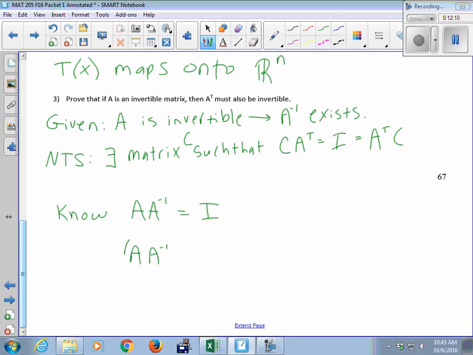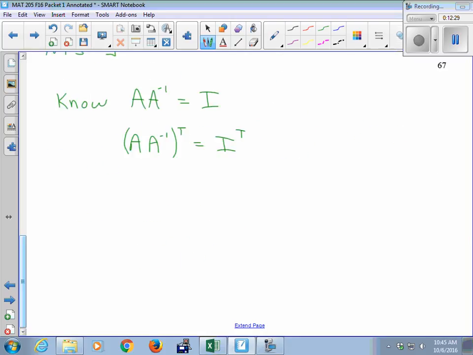A inverse transpose has to equal I transpose. Transpose the two matrices on either side, you should get the same thing. All right, anybody remember the rule from, I think it was last class, how you take the transpose of a product? Switch the order, yeah. So this says that A inverse transpose times A transpose. What's the transpose of the identity? The identity, yep.